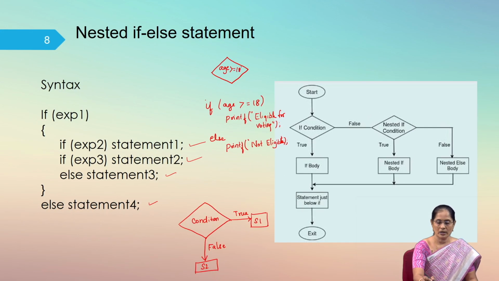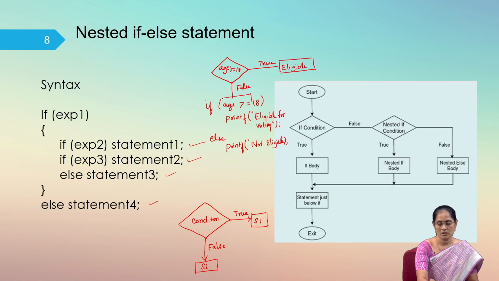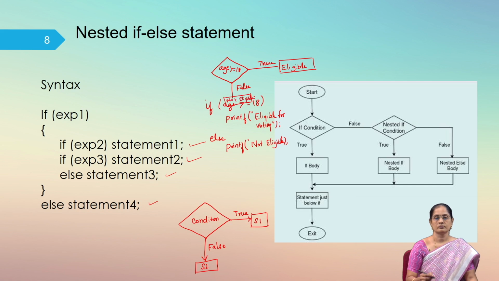I will use the decision symbol, in which I check whether age is greater than or equal to 18. I will have 2 branches, one for true, the other for false. If it is true, let me go with the print statement eligible. If it is false, let us go with the statement not eligible. By doing so we are able to convert the if statement to a flow chart.